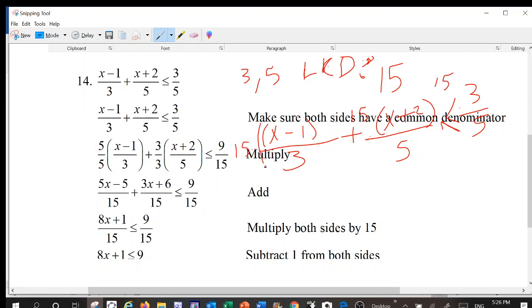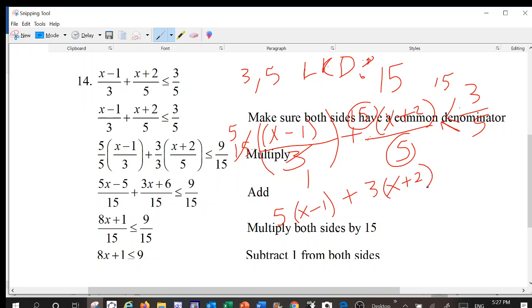Well, 15 times this, 3 by 3 is 1 and 15 by 3 is 5. So we're left with 5 times x minus 1 plus, now 15 divided by 5 is 3, and then we still have x plus 2 there, and then this 5 and this 15, that's 3, so 3 times 3 is 9, so it's less than or equal to 9.